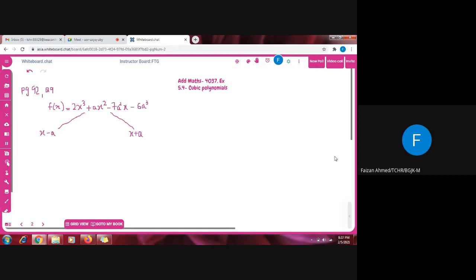Question number 9, I have written the question in front of you. This is exercise 5.4 and in the whole exercise we are solving cubic polynomials, and before solving we have to factorize them, and after making factors we solve them one by one by equating them with 0. We know that solving means we have to find the value of x, so we have to factorize them first, and we discussed that there is a different method of factorization because the middle term breaking method or the common method does not apply every time on these types of polynomials.